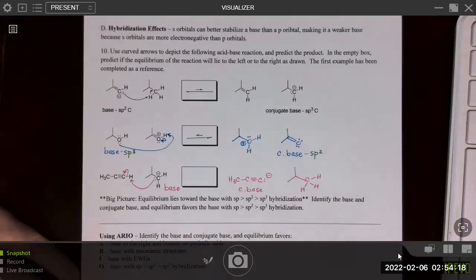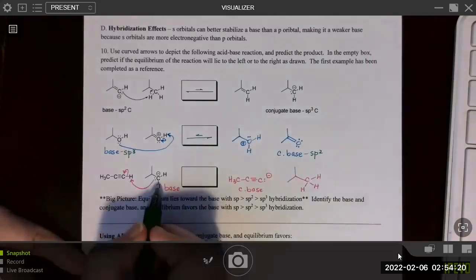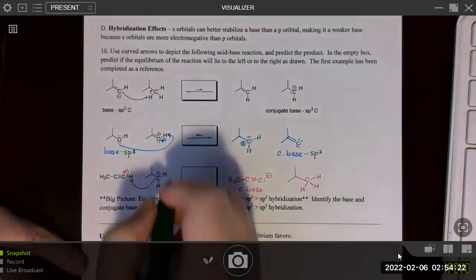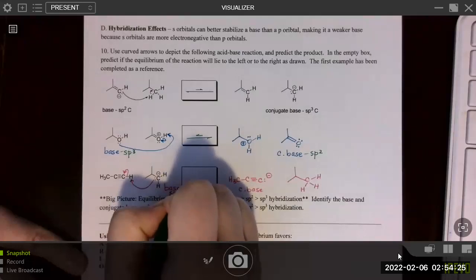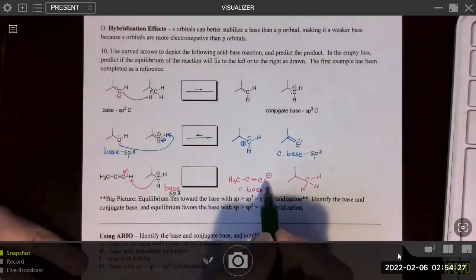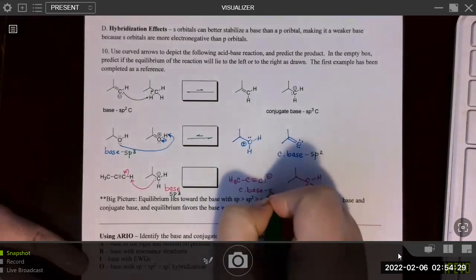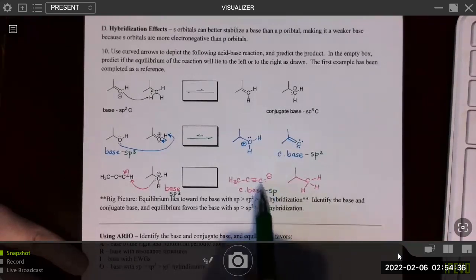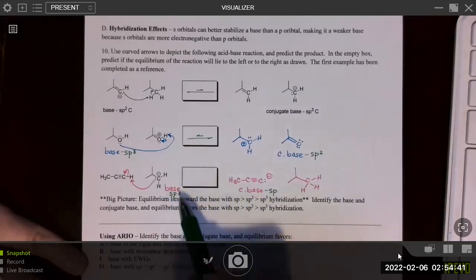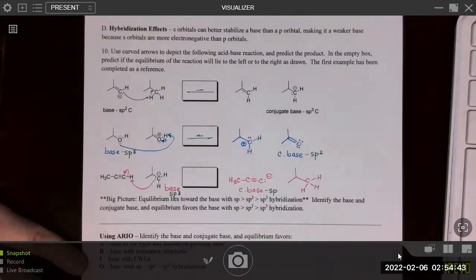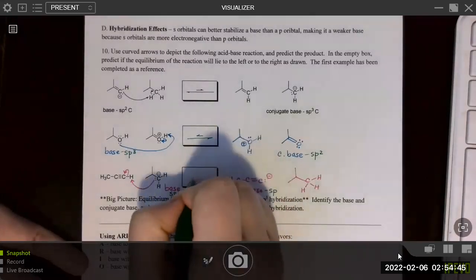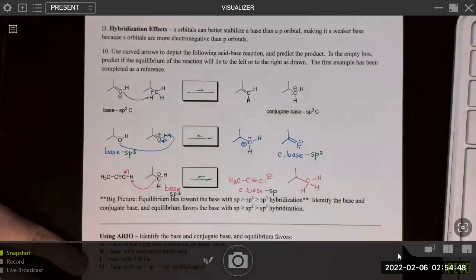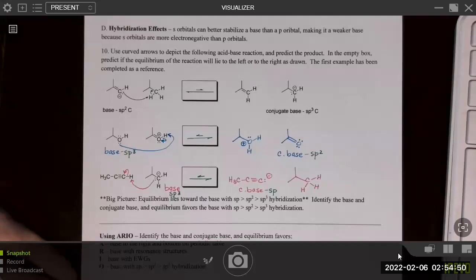In this case, we have a conjugate base where the carbon is sp3. And in this case, we have a conjugate base where the carbon is sp hybridized. So a lone pair in an sp hybridized orbital is in a 50% s character orbital. That will definitely be more stable than in a 25% s character orbital. And so we're going to again predict the position of equilibrium lies to the right.